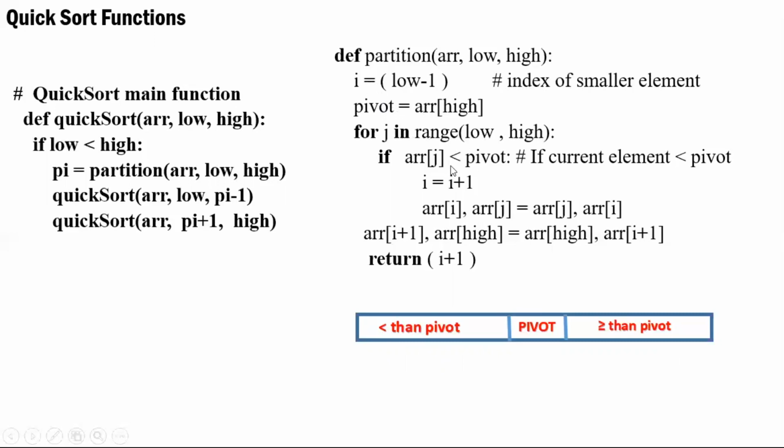Remember, if array sub j is less than the pivot, then we increment i and exchange, a swap between the elements a sub i and a sub j, and we loop again. If array sub j is not less than the pivot, we do not perform anything here. We loop again. After finishing the loop, we swap the pivot with array sub i plus 1. So we place the pivot in its proper place.